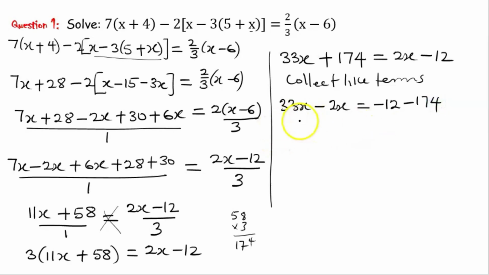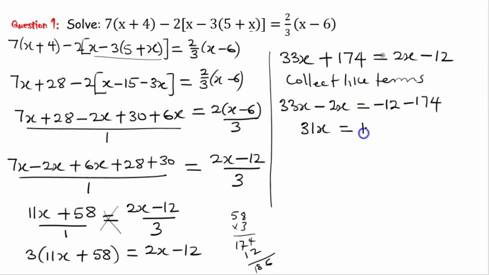When you do this, this is 31x, which is equal to, in this case, we have negative 12, negative 174. You are owing 174, you are still owing 12. So the total debt is going to be the addition of the two, so that is going to give us 681.